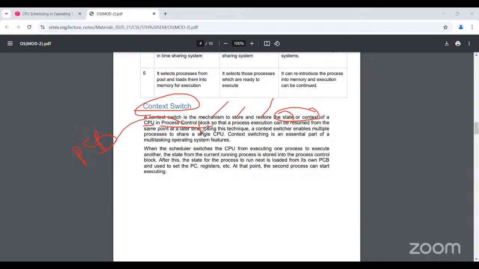For example, just now we understood: this is the video, you watch it till here, then you stop the play. When you click on play, it will start from here itself. It will not start from the beginning. So that is called context switching.